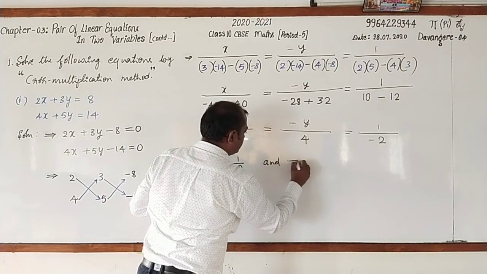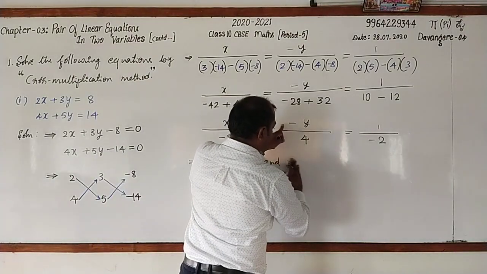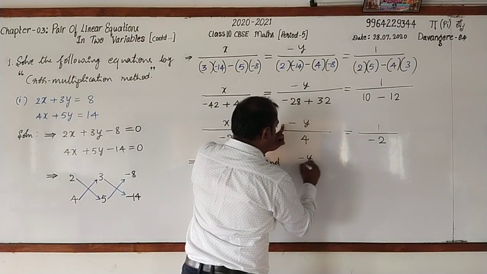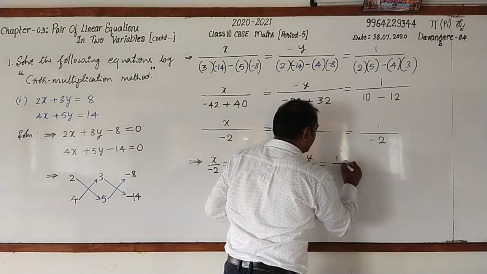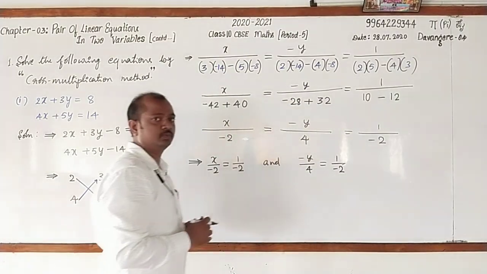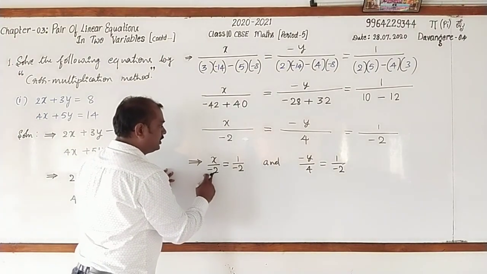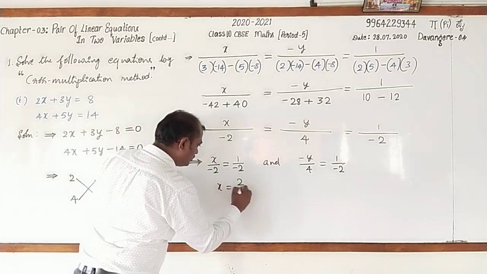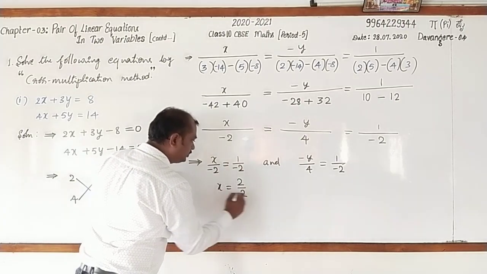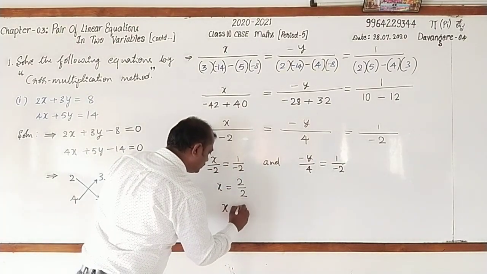And one more, the y term: minus y by 4 should be equated to the constant 1 by minus 2. Let us go for solving x and y. Look here, minus minus get cancelled. x equal to, cross multiply, 2 by 2. Or else directly you can cancel 2 and 2. x equal to 1.